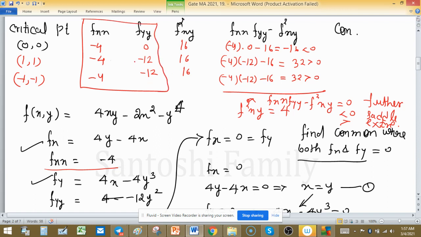So at (0,0) this is less than 0, so it is a saddle point. At the others it is greater than 0, and fxx and fyy are both negative, so this is a point of max, and again a point of local maxima. Now two points are local maximum and one is a saddle point.